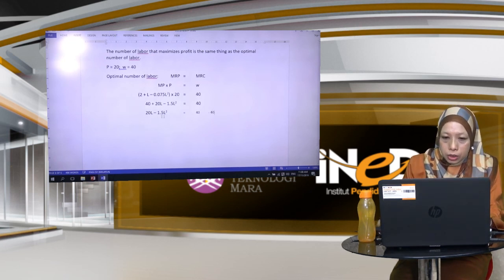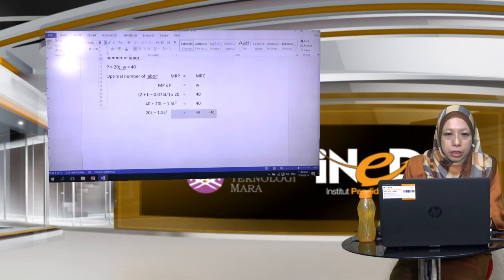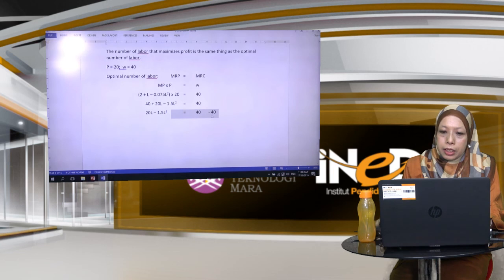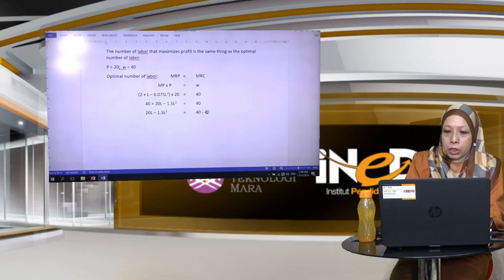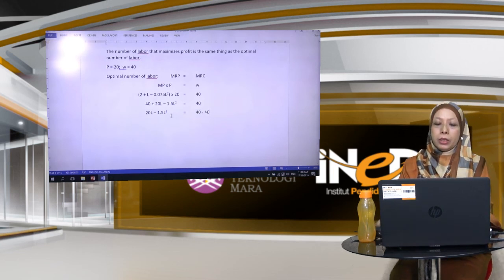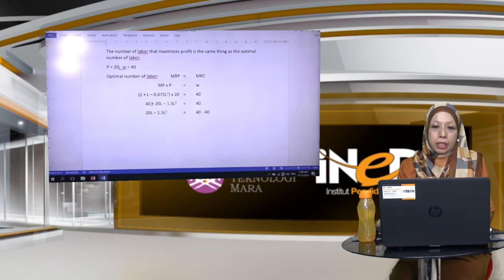Let's enlarge this a bit so that you can see it clearly. What we have done is group the numbers together on the right hand side of the equation, and leave the terms with L on the left hand side.